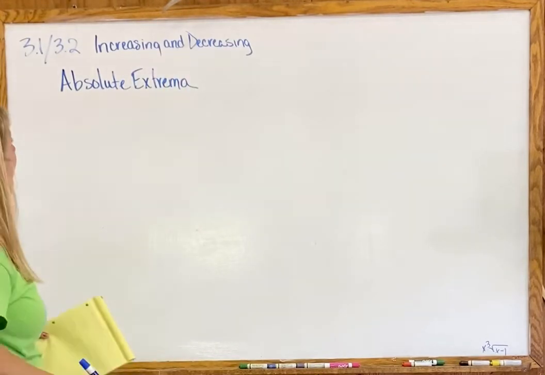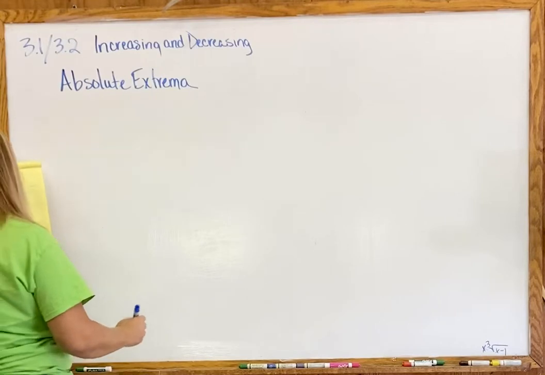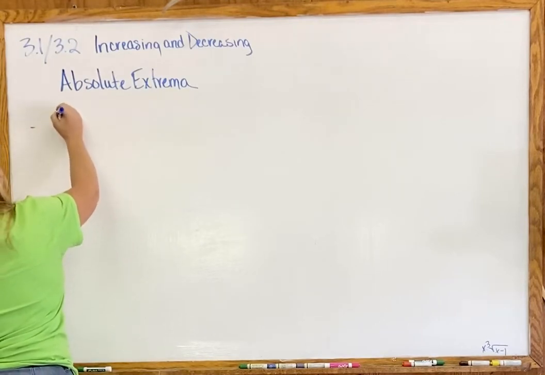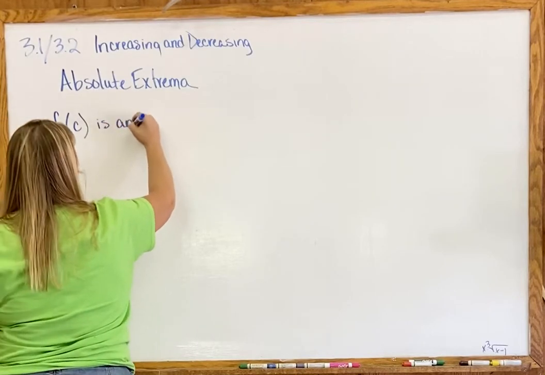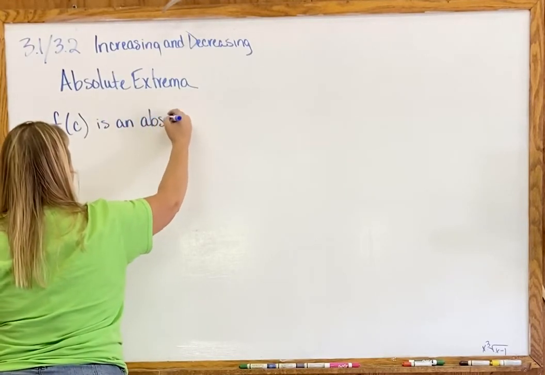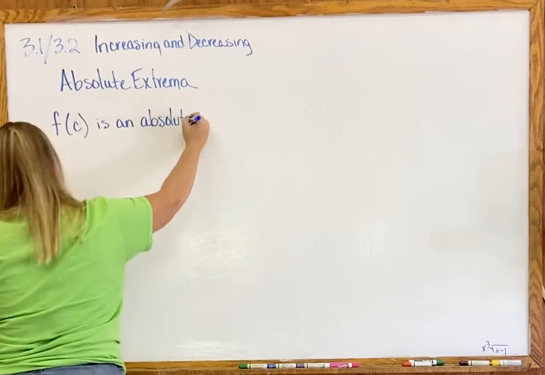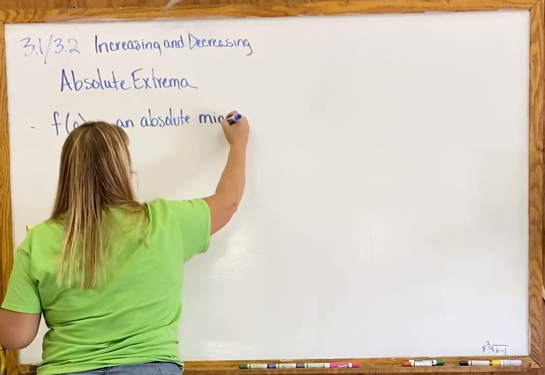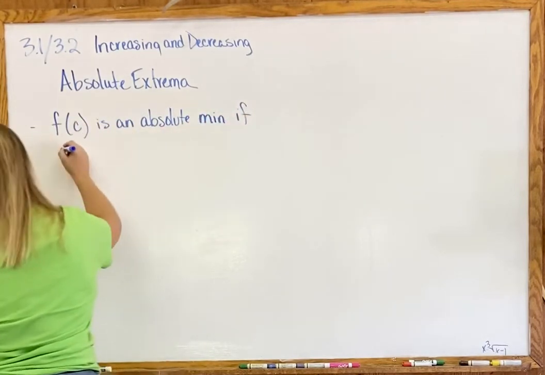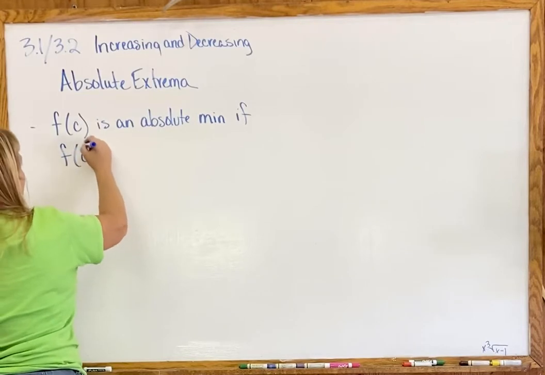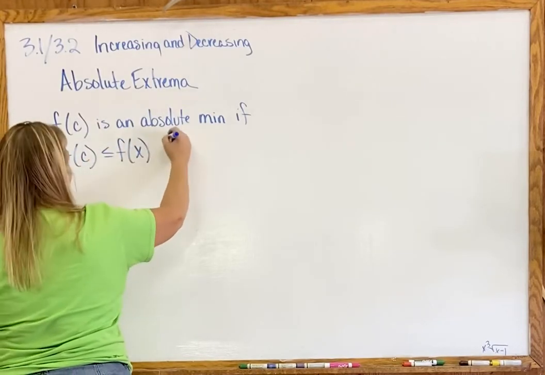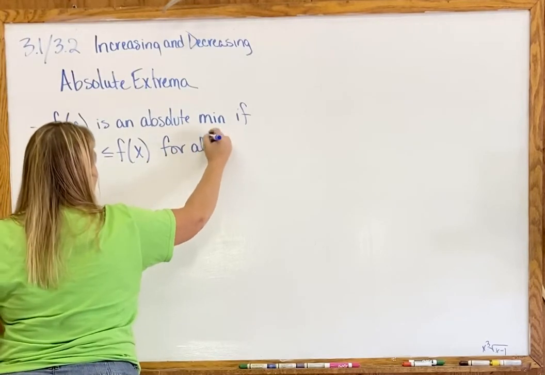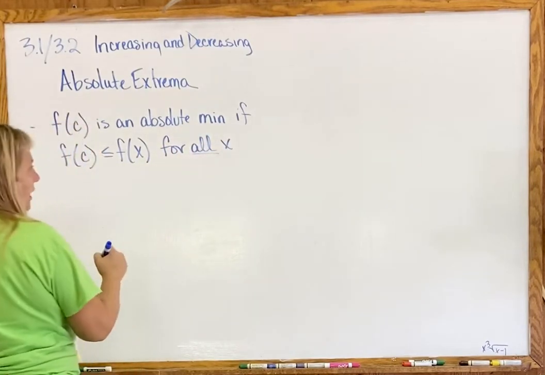Absolute extrema. And then we say, 2 parts again, we say f of c is an absolute minimum if f of c is less than or equal to f of x for all x. Okay?